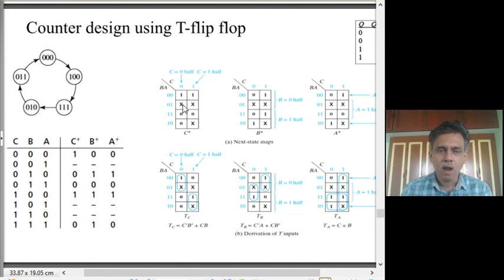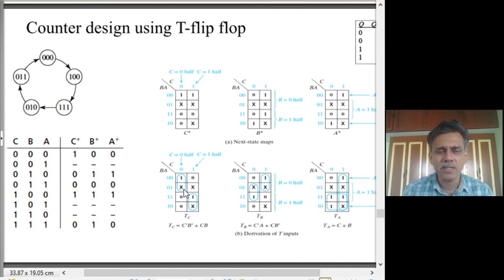How do we directly find the corresponding entries in the TC K-map? First thing is, if some entry for C plus is a don't care, we don't care what the C plus is going to be, so we won't care what the excitation has to be.